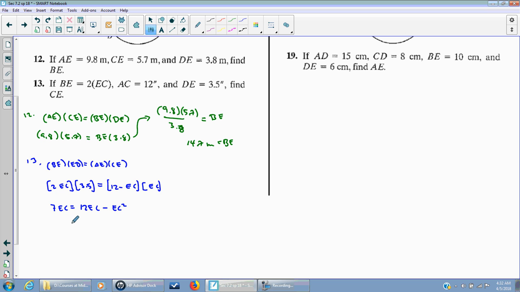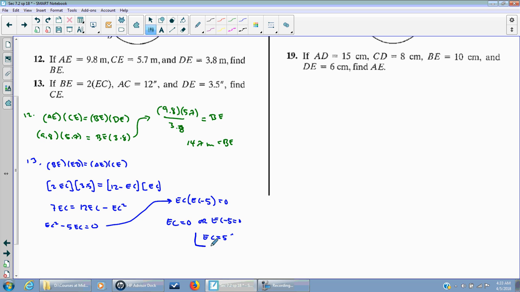Get everything over on the left side so that the square term is positive, so EC squared, and then I had a 7, but I subtracted 12, minus 5 EC equals 0. So you factor this, and you either get that EC equals 0, which isn't going to happen, or EC equals 5.